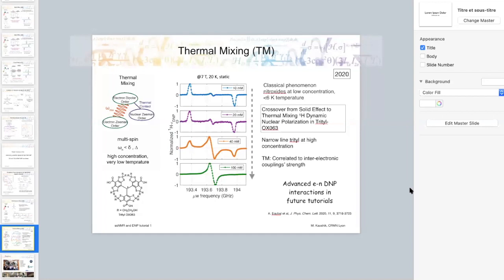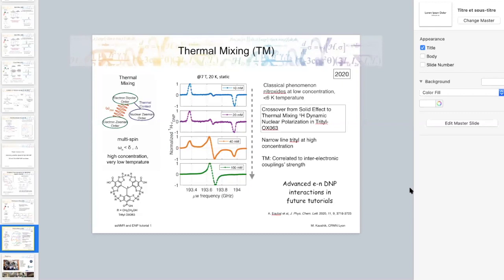But signal enhancement, that does not have any effect on signal enhancement. Dielectric particles can, not probably, for sure, dielectric particles increase microwave penetration and distribution in the rotor. Therefore, there is enhancement in the signal because of dielectric particles. Yeah.